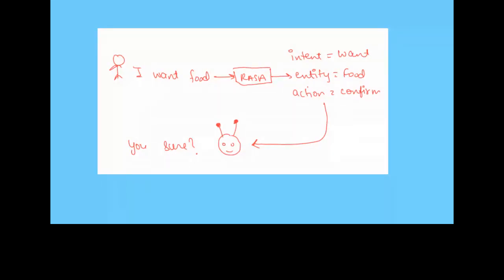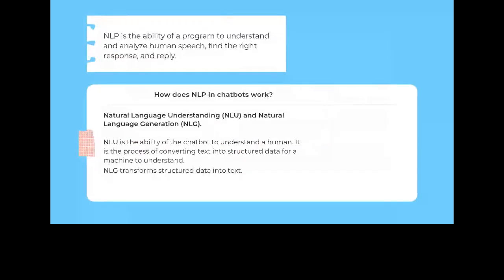Don't even think that Rasa itself is doing it, but behind the scenes eventually it is NLP and all the stuff. Okay, so talking about NLP, NLP is the ability of a program to understand, analyze, or get a response from human speech and find the right response and reply.